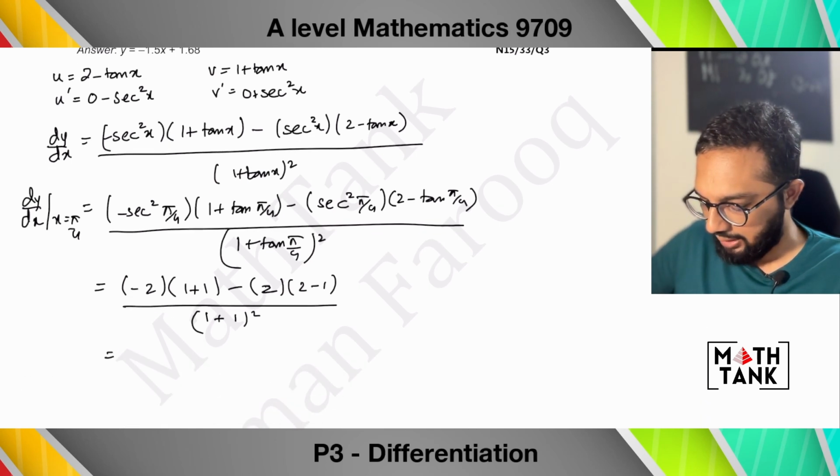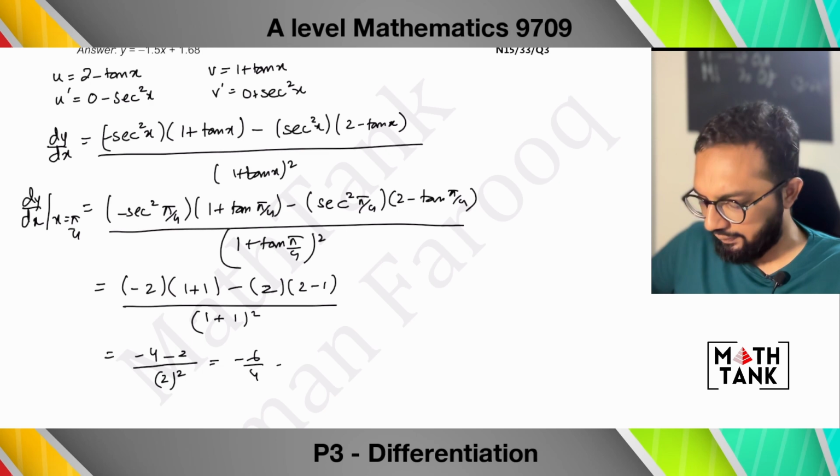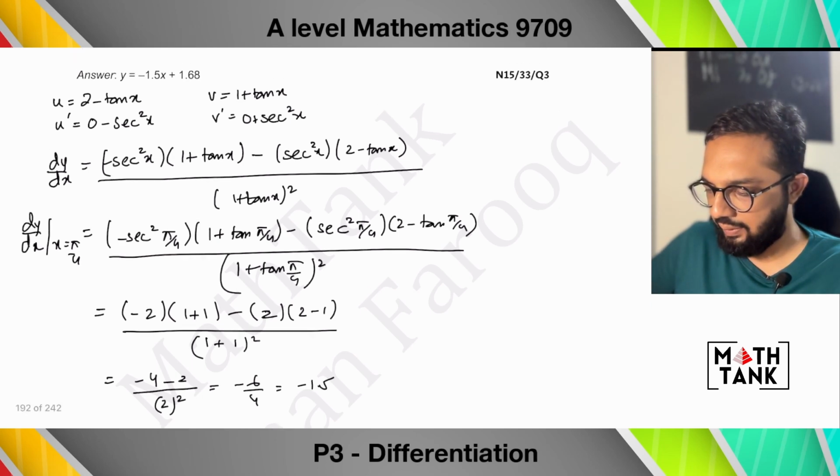So I get minus 4 minus 2. So that's minus 6 over 4. That's minus 1.5.